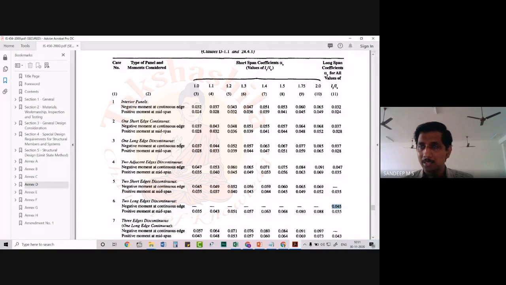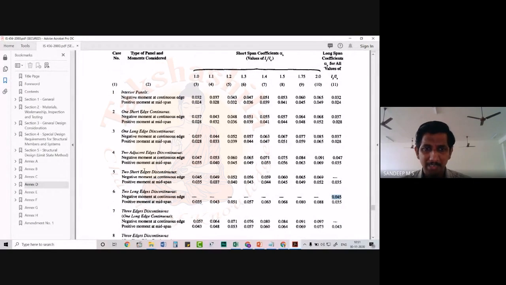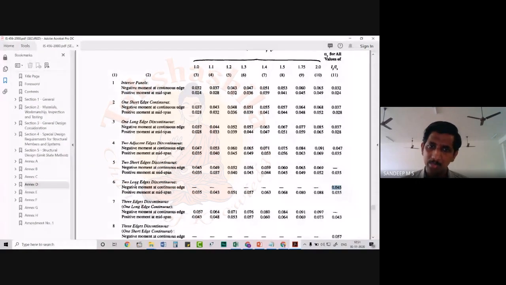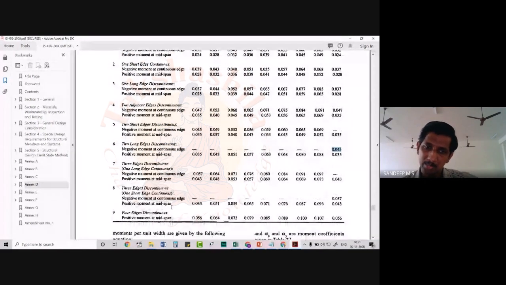So basically it is supported on 3 sides, something like your balcony. Then similarly we have different conditions: 2 adjacent edges discontinuous, 2 short edges discontinuous, 2 long edges discontinuous, 3 edges discontinuous. Likewise, we have 9 different conditions, and the required coefficient for each is also given to you.